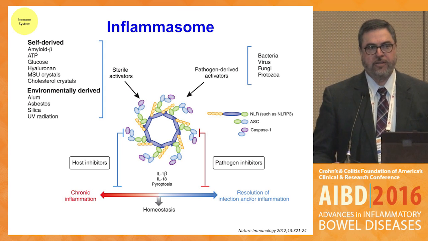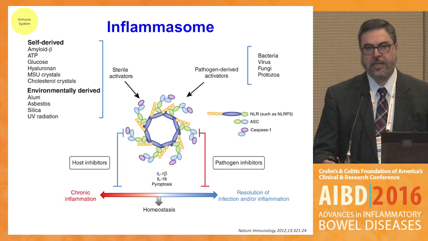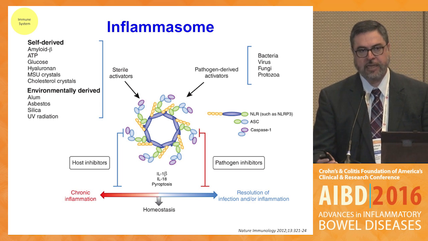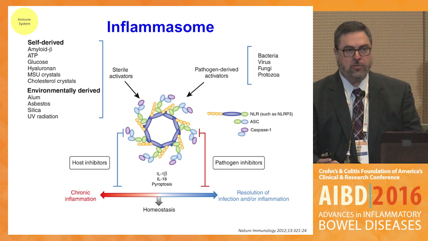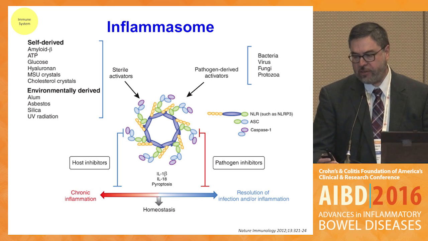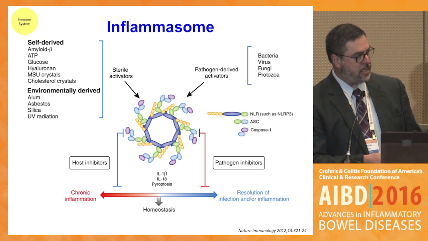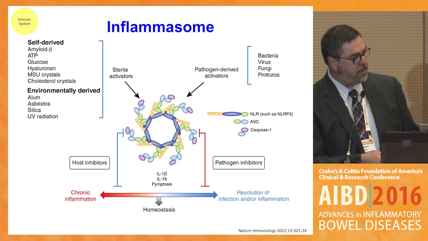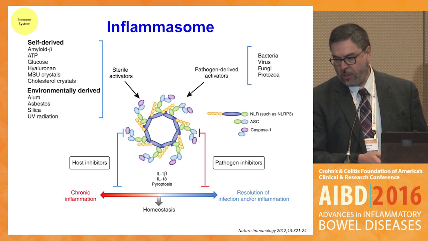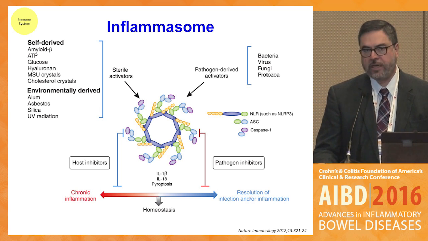These come together in order to stimulate the production of IL-1 beta and IL-18 in the appropriate setting. So depending on the context and depending on the concentration of these cytokines, you're going to stay in homeostasis, or you may develop chronic inflammation, or inflammation may resolve. So why is this important?